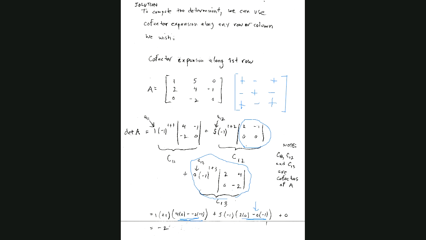This diagram here tells you like -1 to the first plus first power. Okay, -1 to the first plus first power, right here. That's a positive, +1. -1 to the 1 plus third power. That's -1 to an odd power. That's a negative.